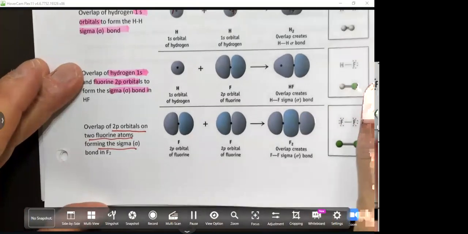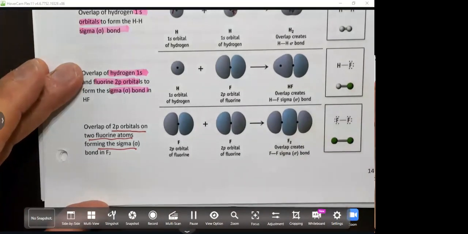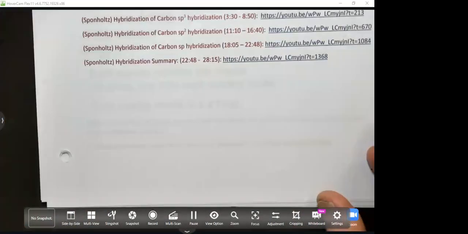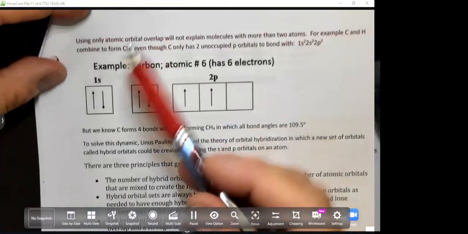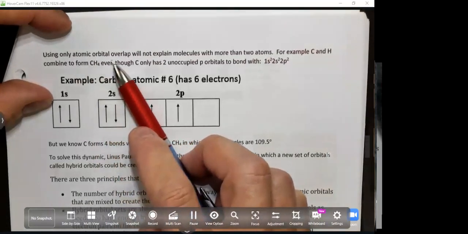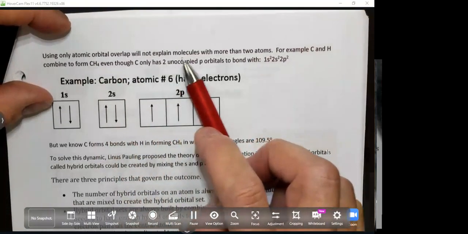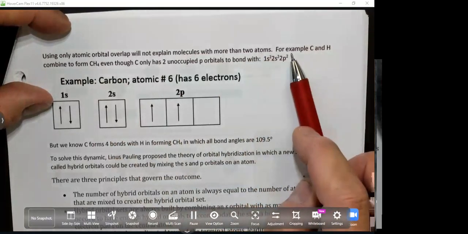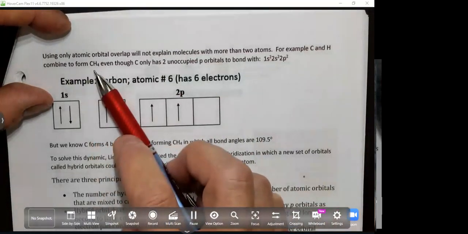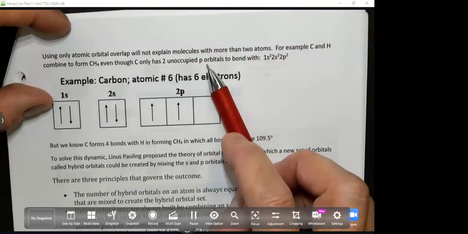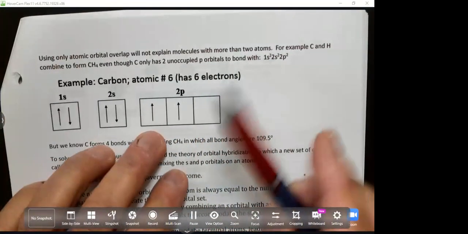Well, all that's fine and dandy. It seems to make sense. You're going to have one electron spinning one way and one electron spinning the opposite way from the other. However, this becomes the problem. Using only atomic orbital overlap will not explain molecules with more than 2 atoms. For example, carbon and hydrogen combine to form CH4, even though carbon only has 2 unoccupied p orbitals to bond with.